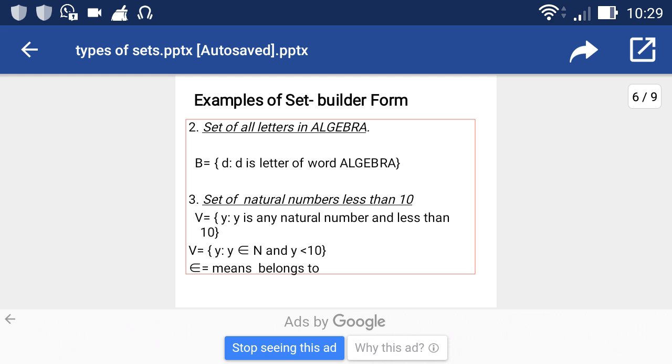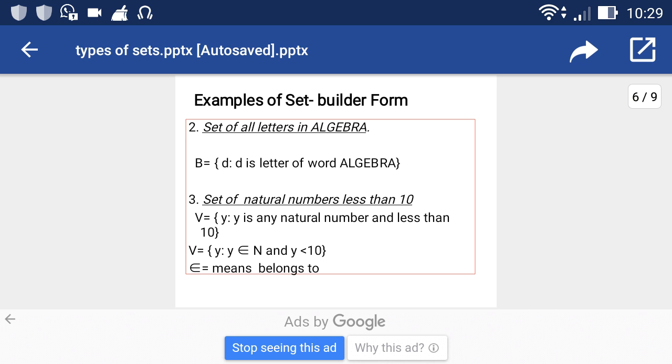So d can be any letter from the word algebra, and capital B represents the set as a whole. You can read this as the set of all d such that d is a letter of the word algebra.